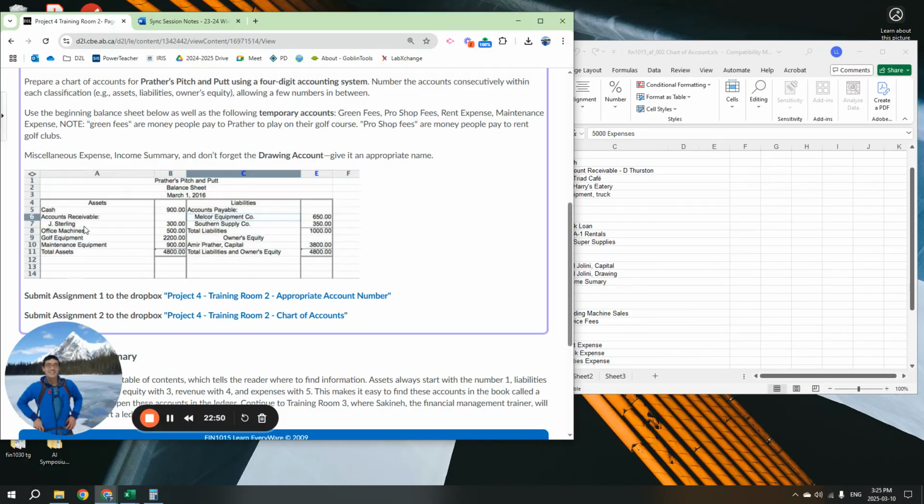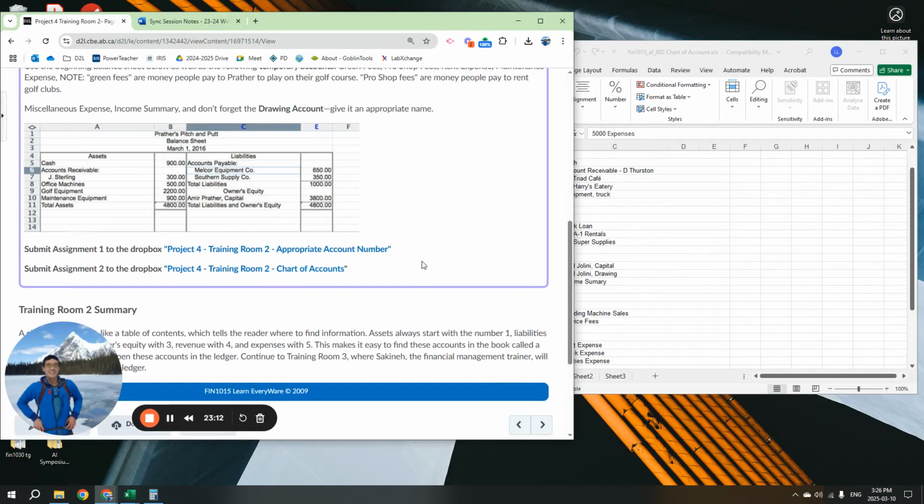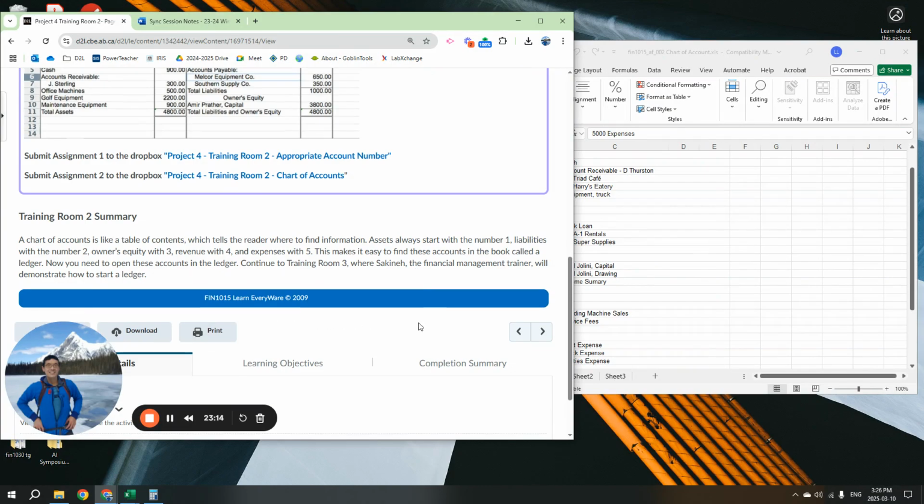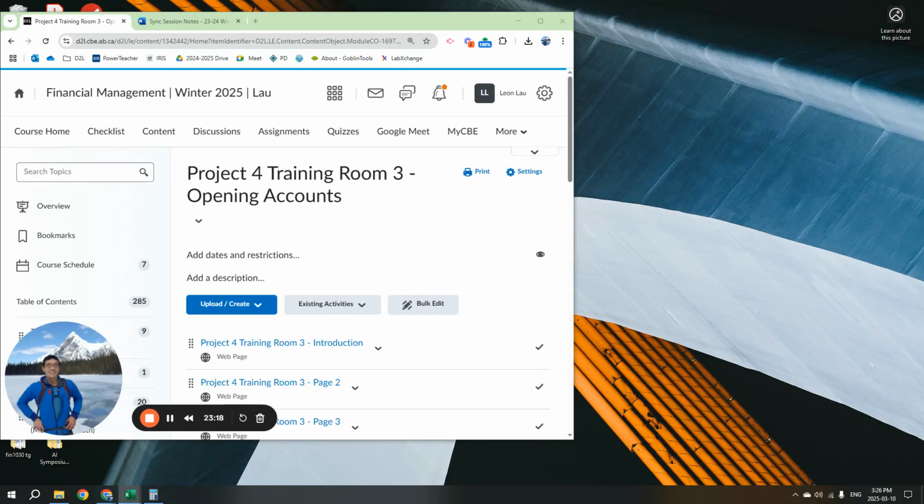In this instance, there are cash, accounts receivable, office machine, golf equipment, and maintenance equipment. So there are 5 accounts. So you should have 1001, 1002, 1003, 1004, 1005. Okay? So that's training room 2 for project 4. Questions and comments?